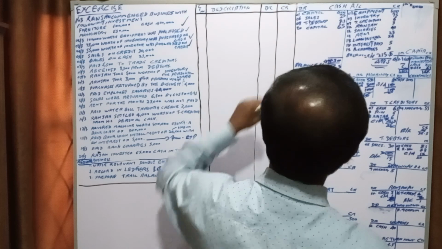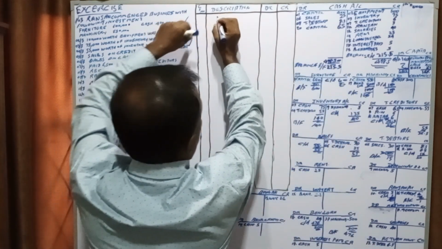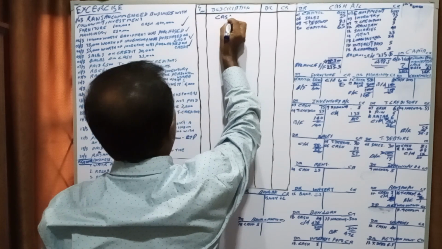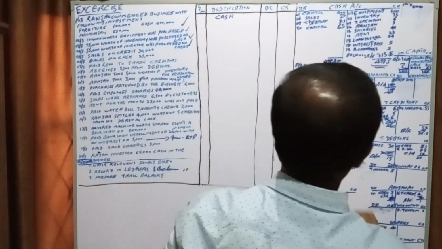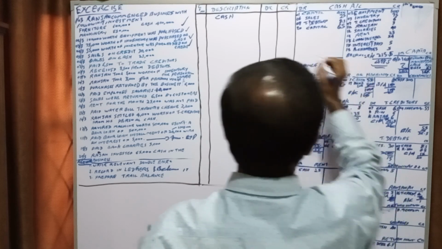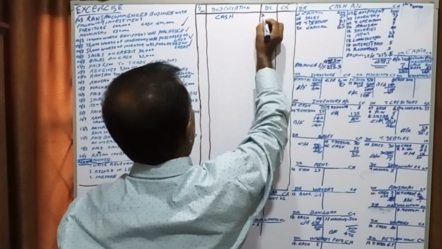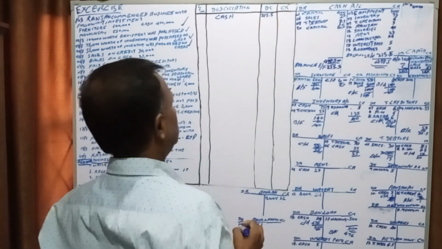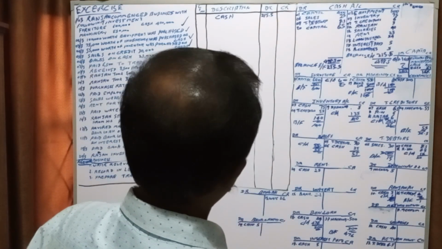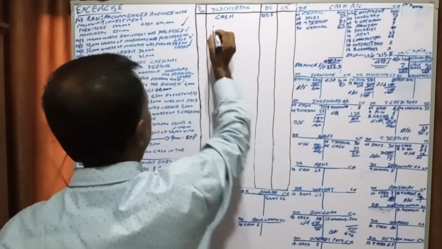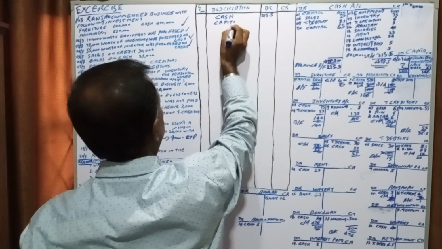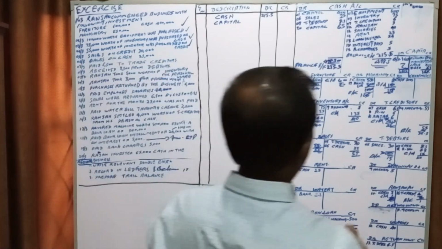So first, the cash account has a debit balance of 215,500. Other one is the capital account.